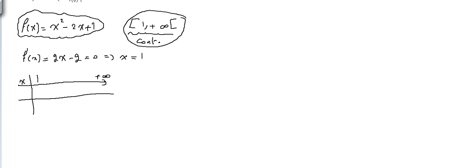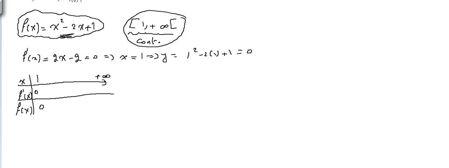And if x equal 1, how much is y? Substituted in the original equation, it's 1 squared minus 2 times 1 plus 1, which is also equal to 0.